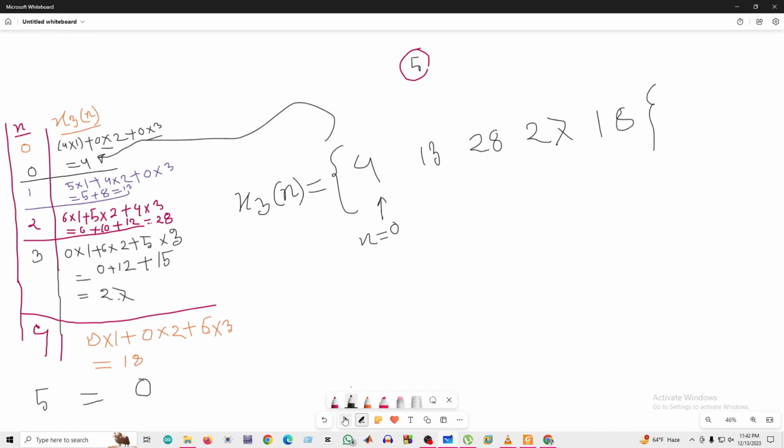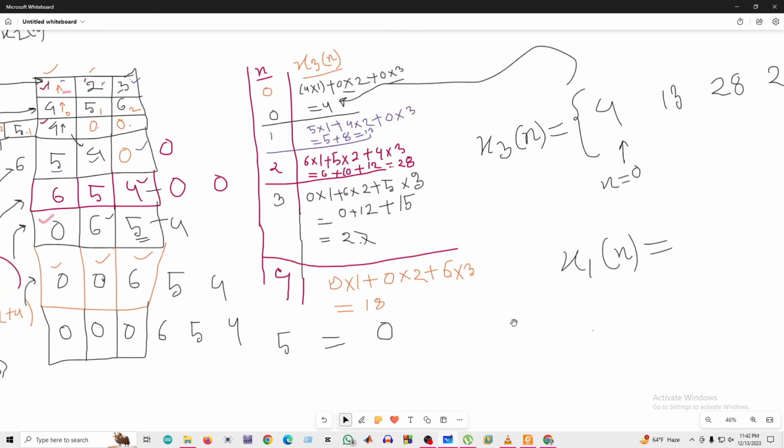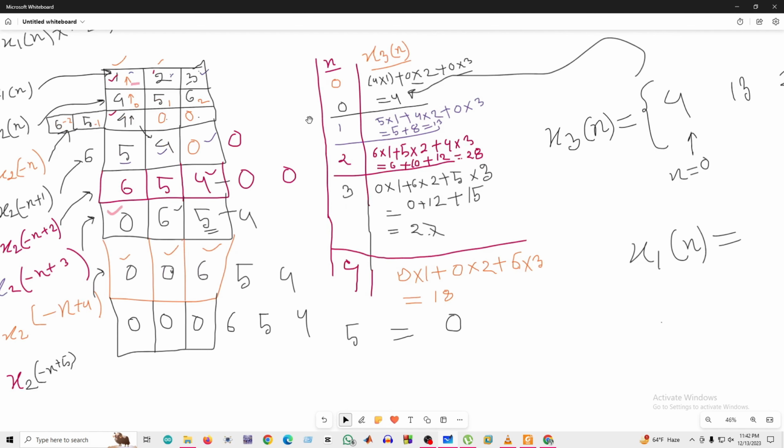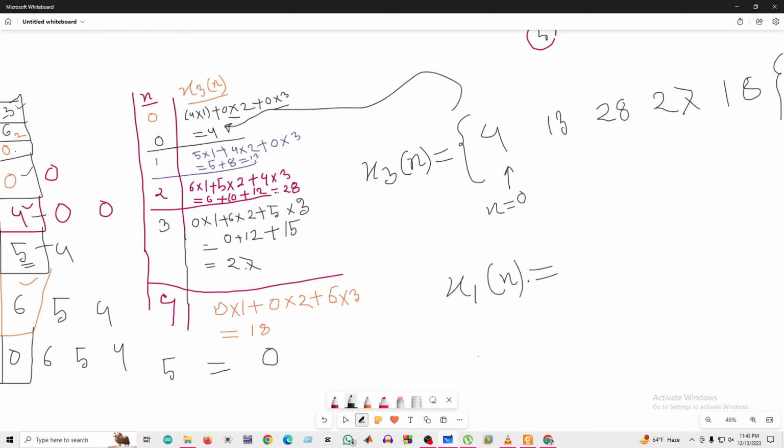Before you calculate the length of your output sequence, you have x1 of n. The input signal x1 of n has length 3 because you have 0, 1, 2, so your length is basically 3.